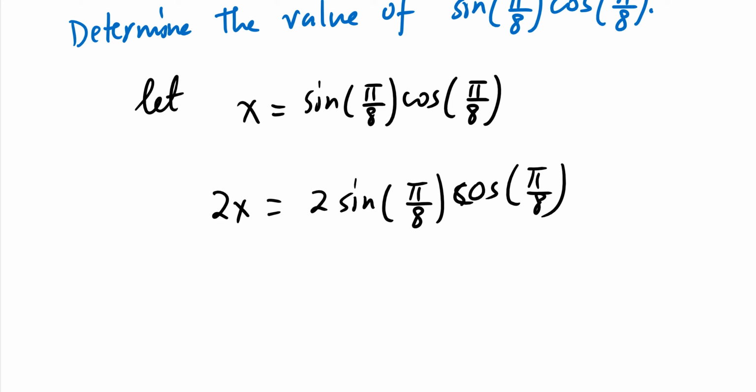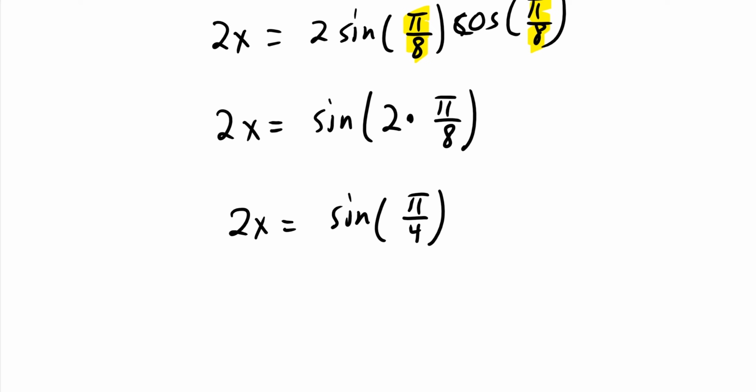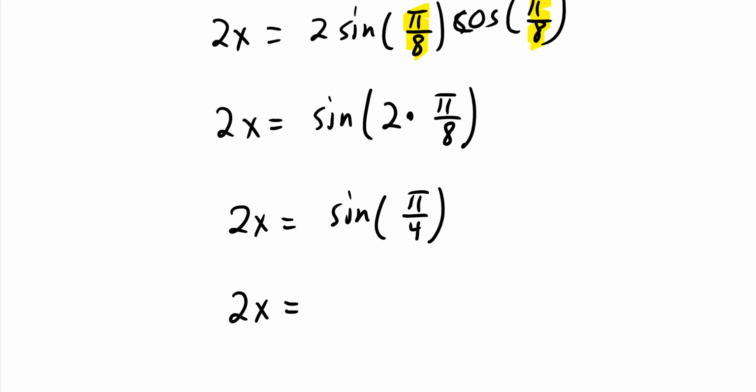Again, this is angle alpha here. So what do we get? 2x equals 2 sine alpha cosine alpha. The formula is sine 2 alpha, so 2 times pi over 8. This is sine pi over 4. Now we know what sine pi over 4 is from the table.